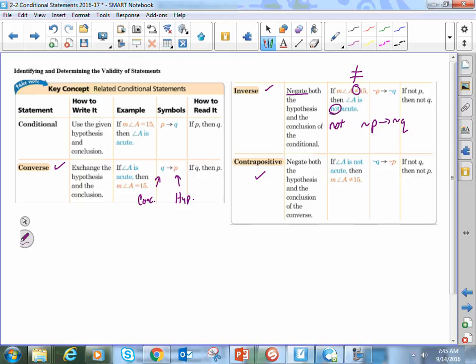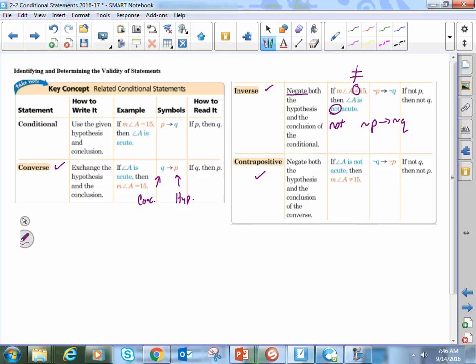So the final one, the contrapositive. Again, all of these 3 statements can be written independently of each other from the conditional statement. However, the contrapositive is helpful to write if you've already done the converse. If you've already done the converse, you're basically just going to negate the converse. But we don't need the converse, though if we have it, we can use it.